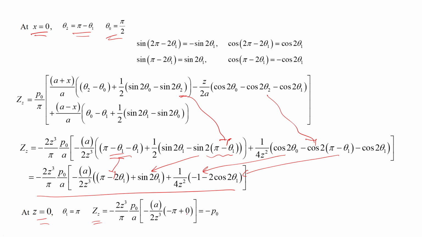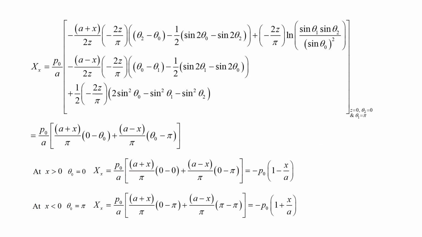So, we do all that, and then finally, we will get this expression where zz will come out to be minus p 0. So, here again we see that the normal stress just below, at x equal to 0 and z equal to 0, comes out to be minus p 0. So, that is the compressive load applied. So, it is a compressive stress that is developed like that.